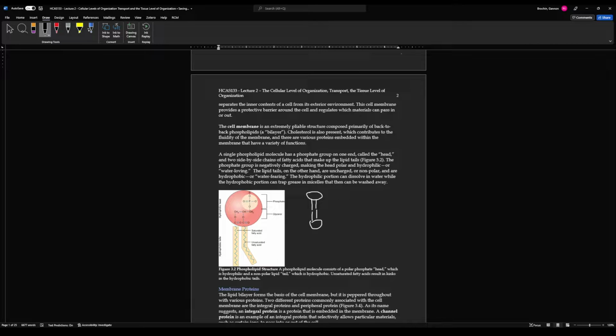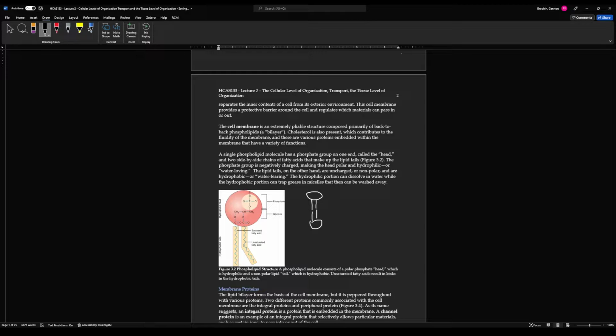The tails are hydrophobic. These things do not like being exposed to water or other charged particles, okay? They are fearful of being exposed to those things.